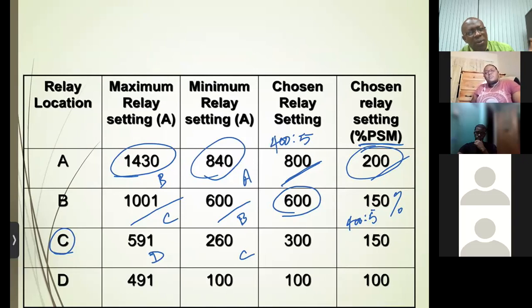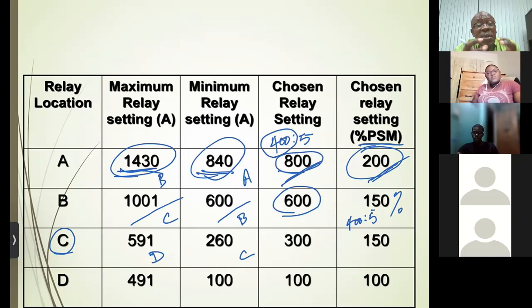So if we are setting based on the primary, we want it between 1430 and 840. But with a 400 to 5 CT, there is no such setting on the relay. So the only setting we have would be the 200% times the 2 times 4, which gives us 800 amperes. So the setting on the relay would be 800.